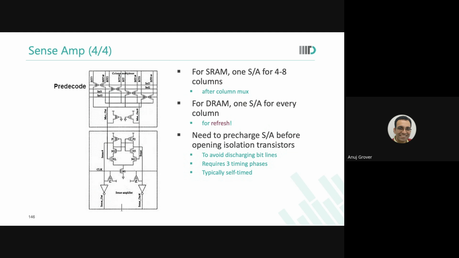While so far we have talked about SRAM sense amplifiers, where there would be a sense amplifier per mux and you wanted this coupling to happen, in DRAMs there is a sense amplifier coupled to every bit line. When we cover DRAMs, we'll look at the reason in more detail.